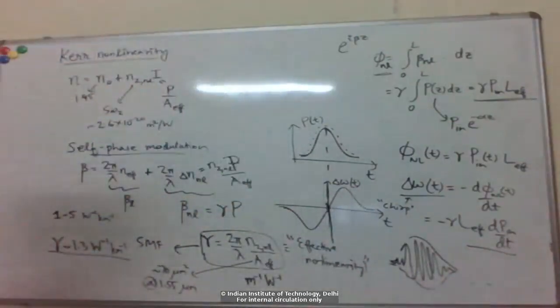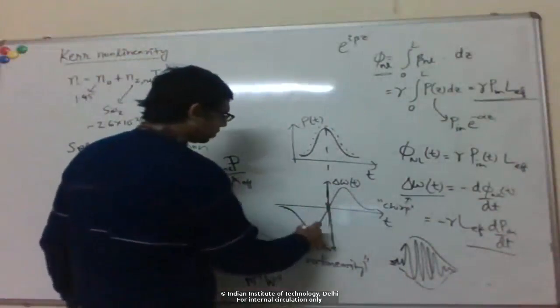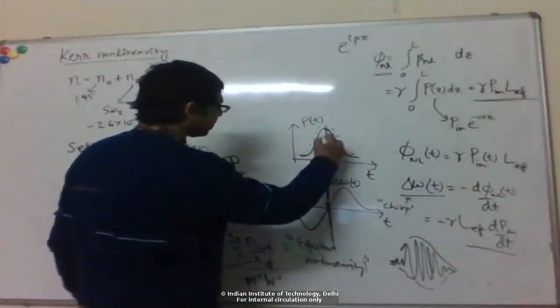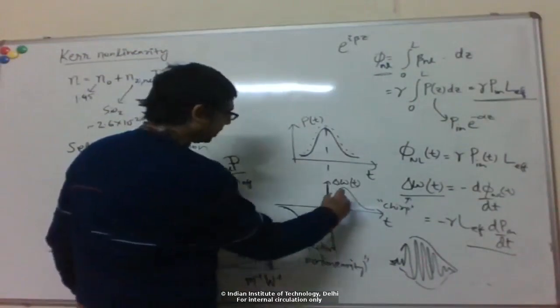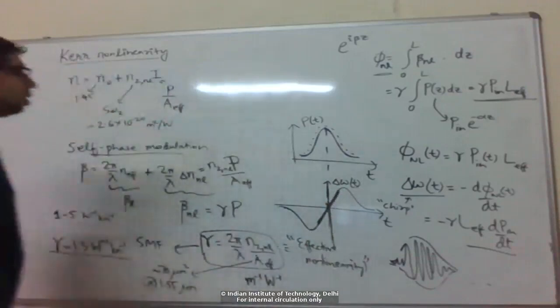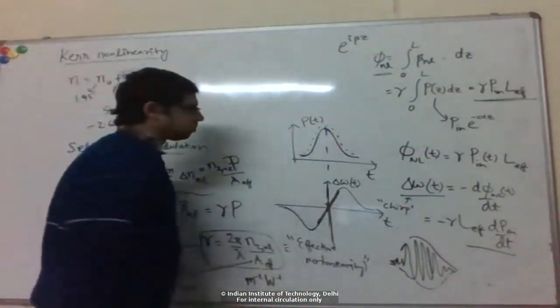Right? So you can see that the nonlinear chirp is always of this sign. If you look at the middle of the pulse, where most of the power is, near the peak, it's linear with a positive slope. So this is like a positive chirp.